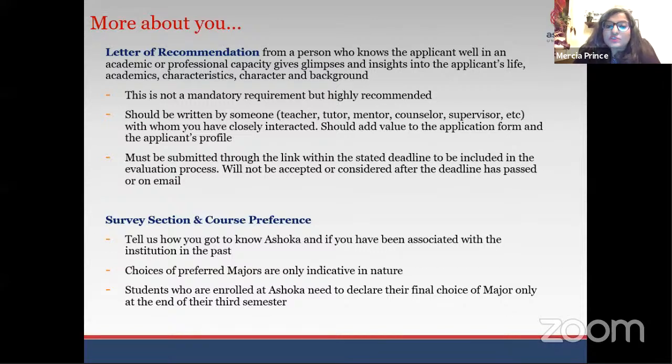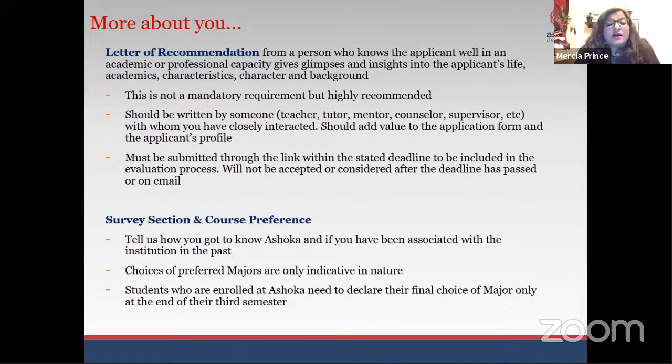But please don't get a letter of recommendation from a family member or a friend or a relative. So this is not a personal letter of recommendation. This is a letter of recommendation by somebody who knows you in an academic or a professional capacity. So keep that in mind as you decide who you want the letter of recommendation from.